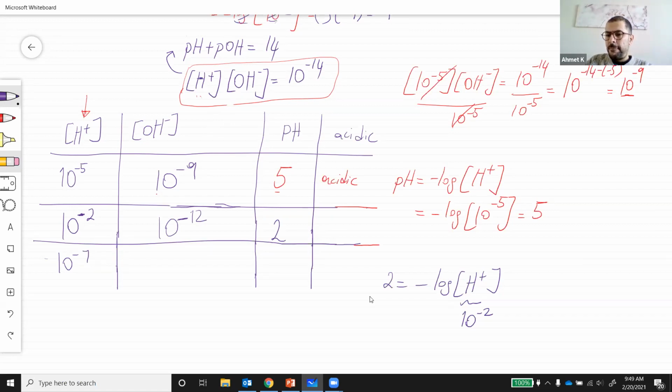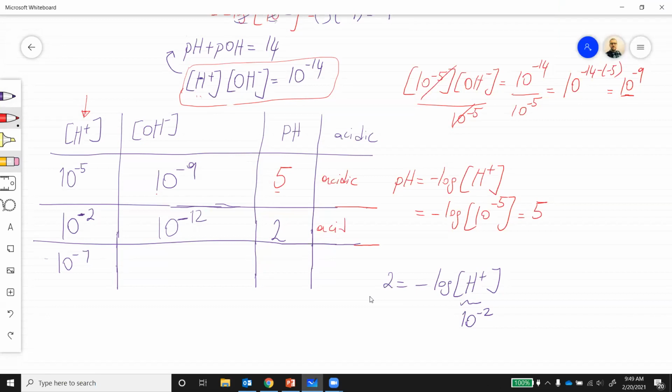Make sense? And this has to be acidic, right? Let's write acidic in red. And the pOH would be 12. If you take the negative log, it will be 12. Very good.